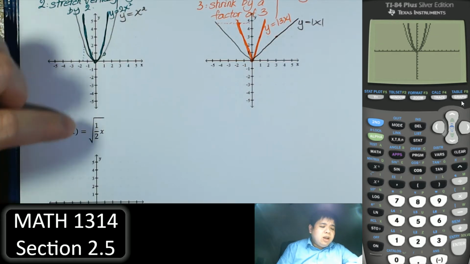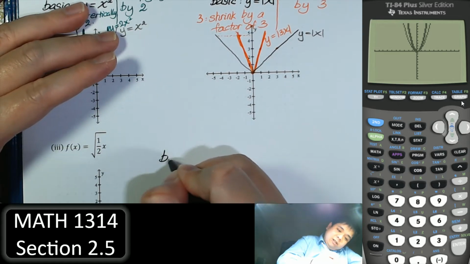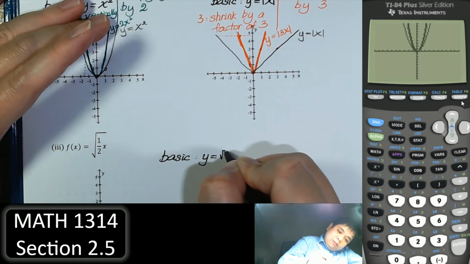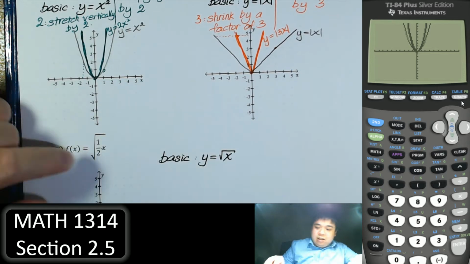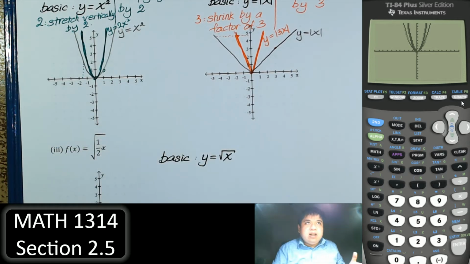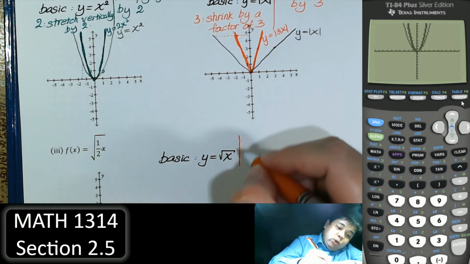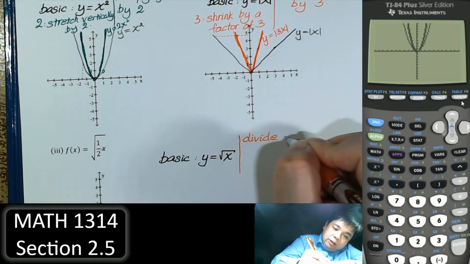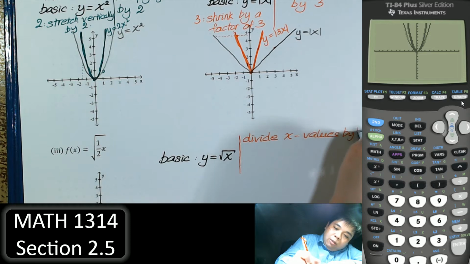Next, this is obviously a square root. So the basic graph is the square root. Next, we have 1/2 multiplied to x. If it's multiplied to x, inside, it will affect the graph in a reverse manner. So instead of multiply by 1/2, we actually have to divide by 1/2.